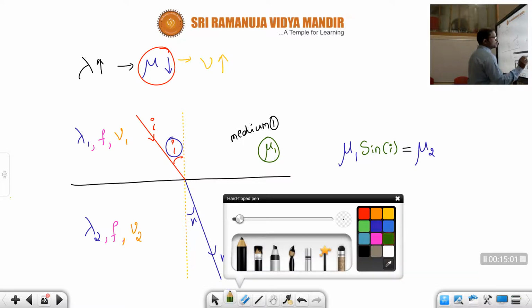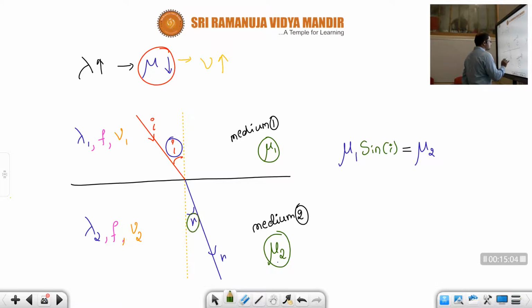In this medium mu 2, what is the angle present? R. So write sin R. In which medium the angle was present, that angle we keep as the sine of that particular angle. So mu 1 into sin I is equal to the next medium mu 2 into sin R.